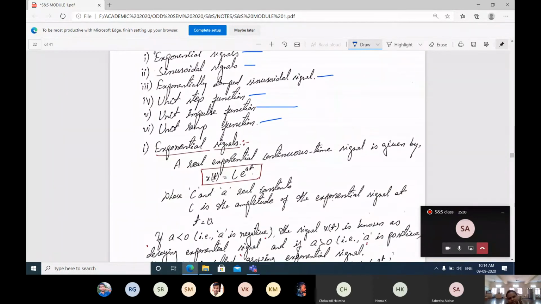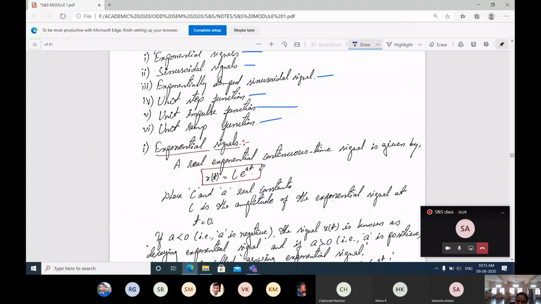We already came across what we mean by exponential signal. That is e power of some value. It is called an exponential signal. Here the equation of a real exponential continuous time signal is given by, remember the equation, x of t is equals to c into e power at.